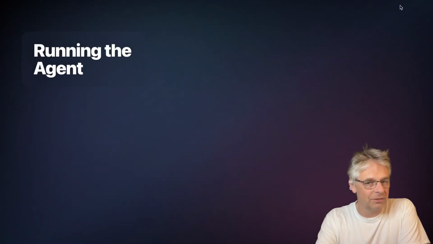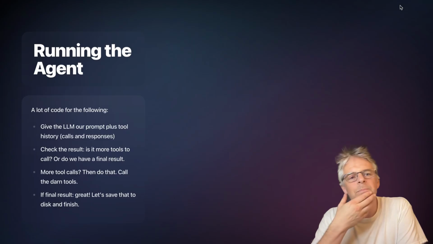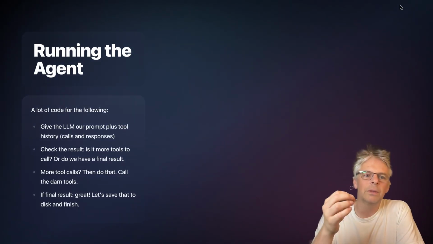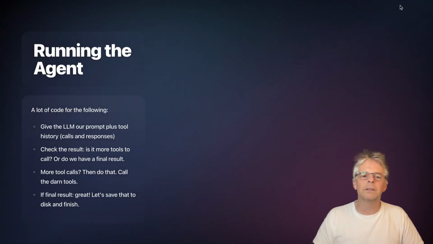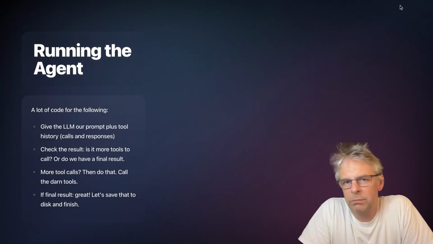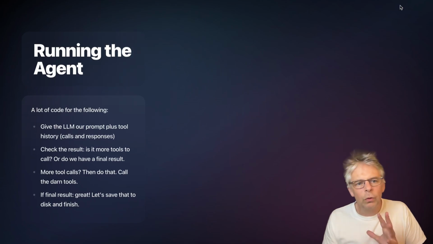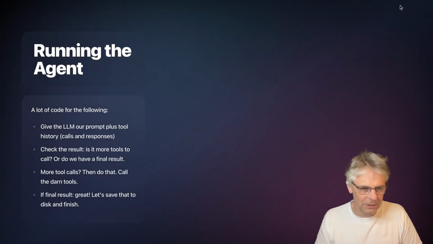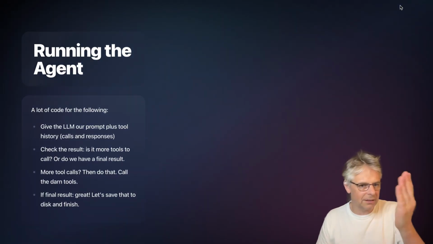The last stage, and we're really hitting the home straight here now, is running the agent. Now, it's a lot of code for giving the language model the prompt plus the history. Where did we get the history from? From memory. And we then check the result. Is it more tools to call, or do we have a final result? If there are more tool calls, then just call those tools.